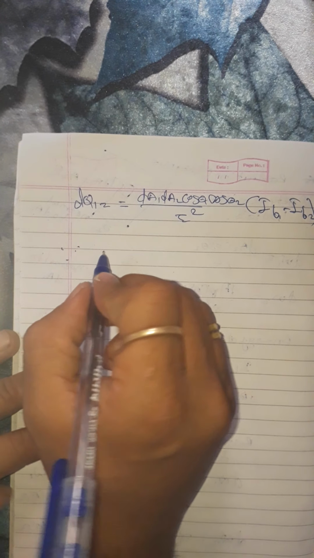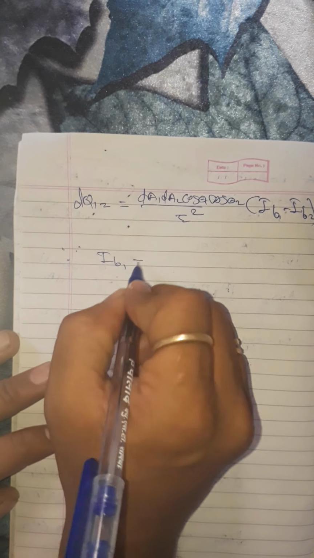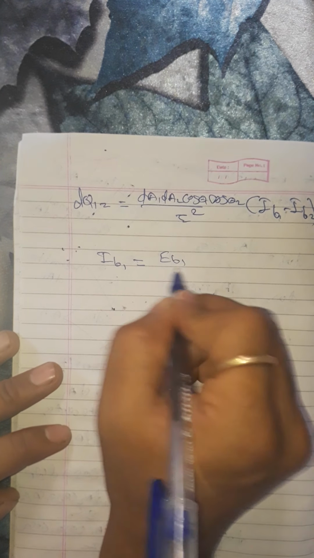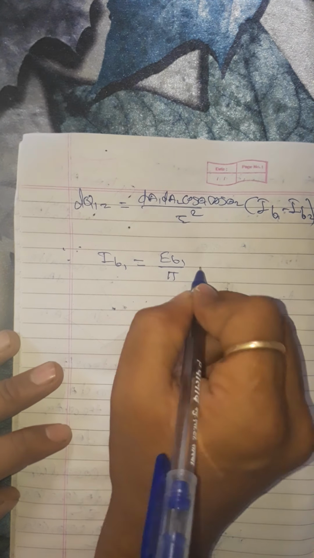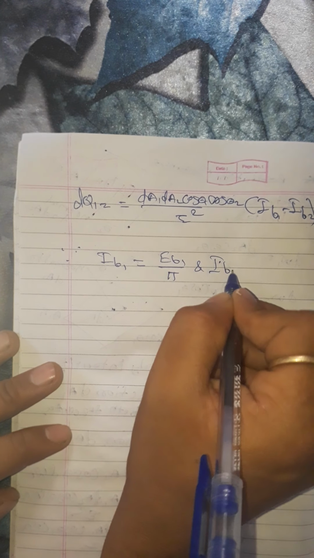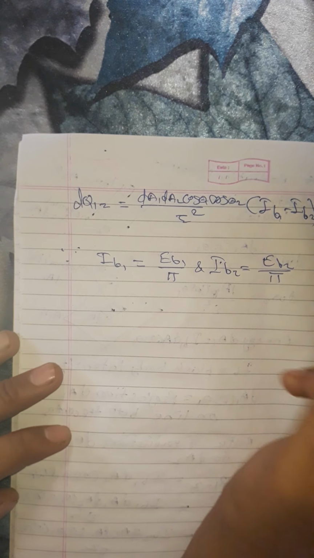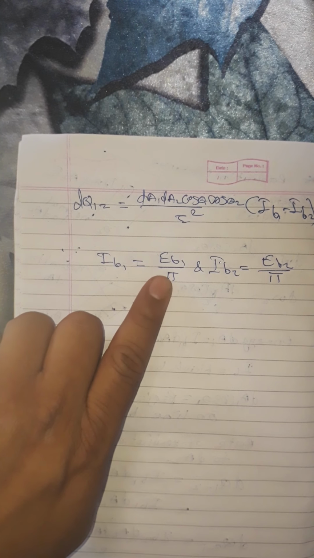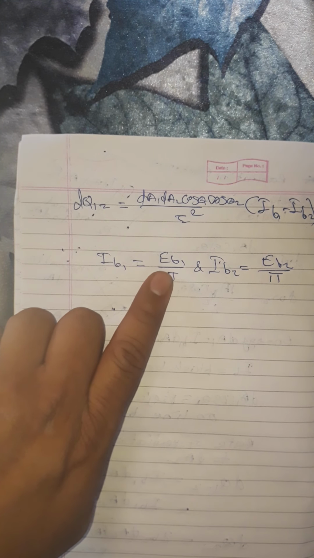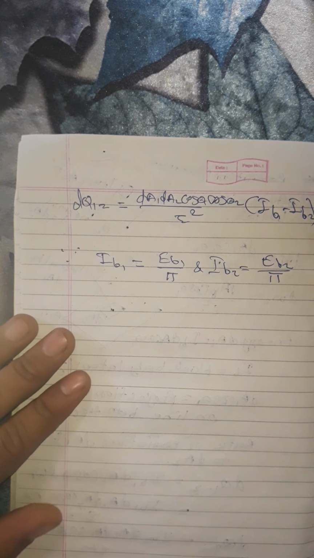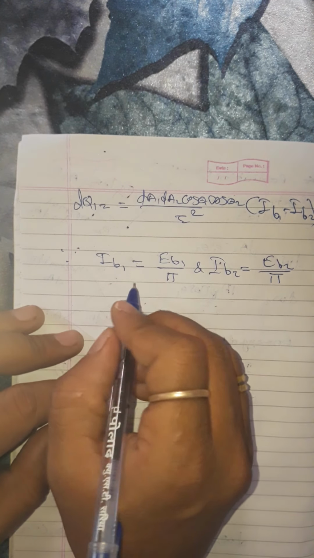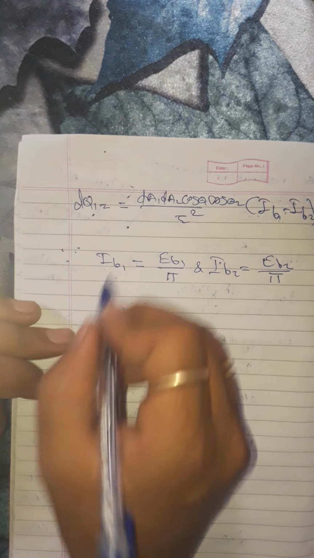By Kirchhoff's law, IB1 is equal to EB1 divided by pi and IB2 is equal to EB2 divided by pi, because when a body is in thermal equilibrium, energy emission is equal to pi times I. So put the values of these in the above equation.